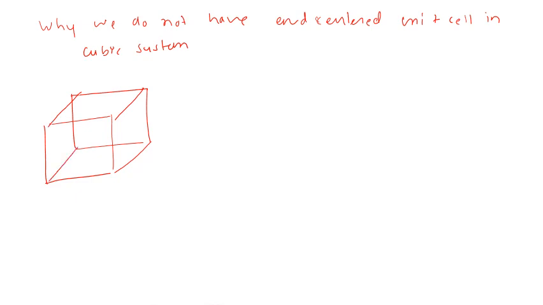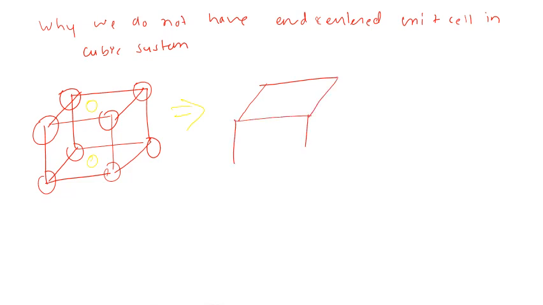We have atoms at the corners, and let me draw atoms at the end centered positions with a different color. Now we have this end centered cubic unit cell. So why is this not possible? Let me draw two cubic unit cells with the end centered configuration. That will explain why we do not have the end-centered cubic unit cell.